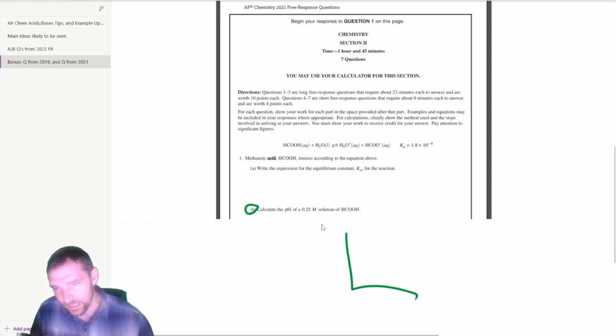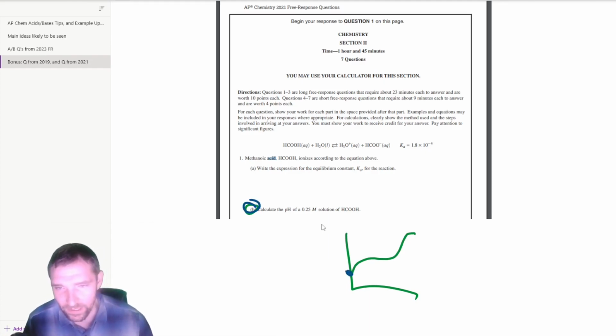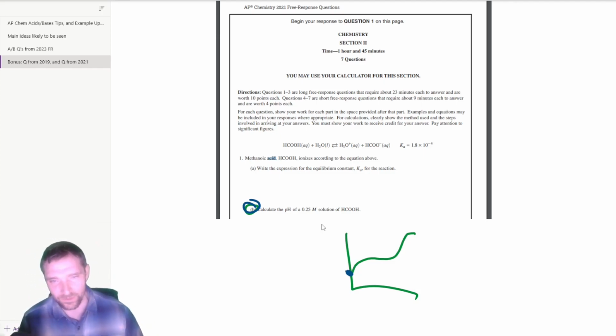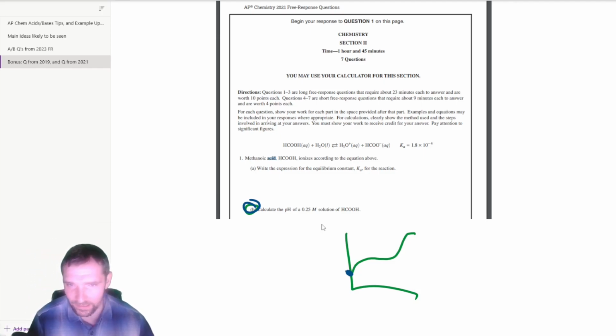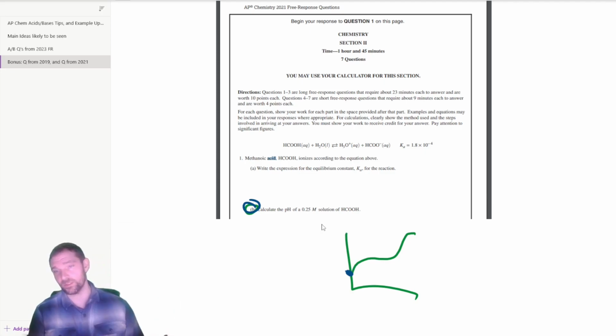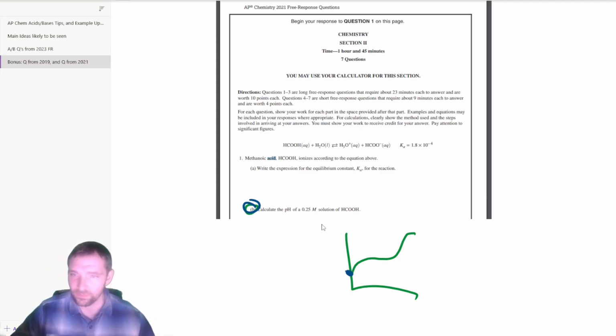If you're thinking about your titration curve, this is basically right at the beginning, what we're talking about for part B. So yes, you do have to do an ice chart, but it's very similar to your normal K equilibrium stuff from the previous unit, so that should be manageable.